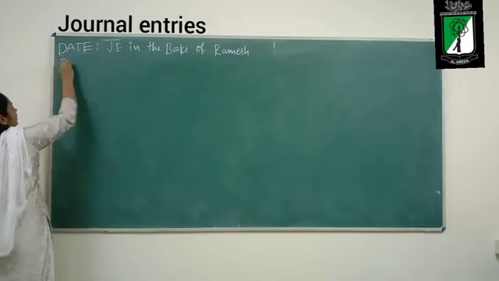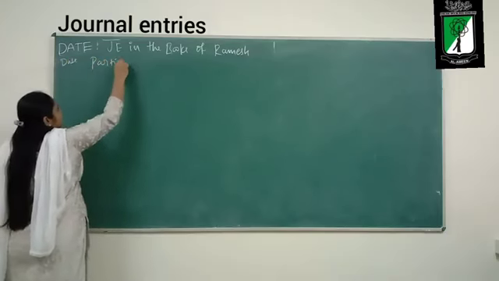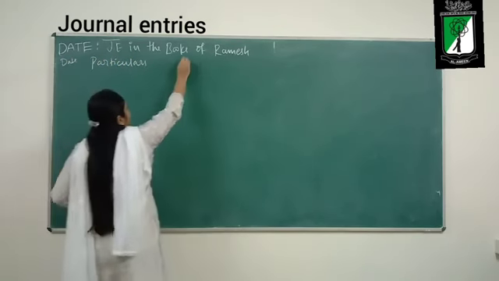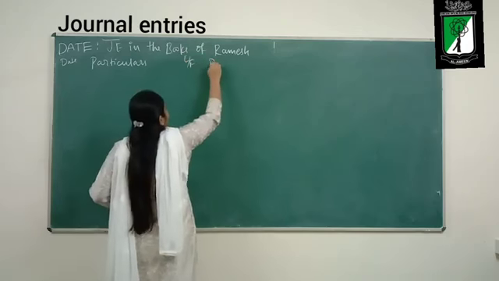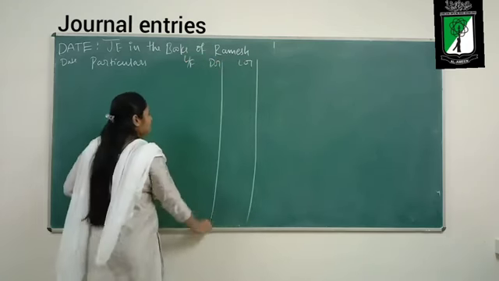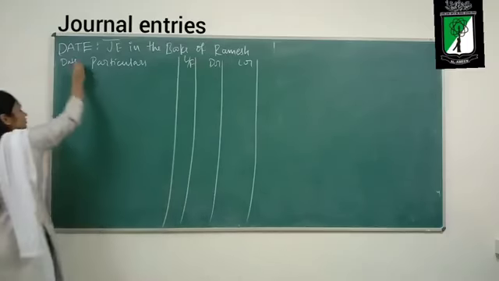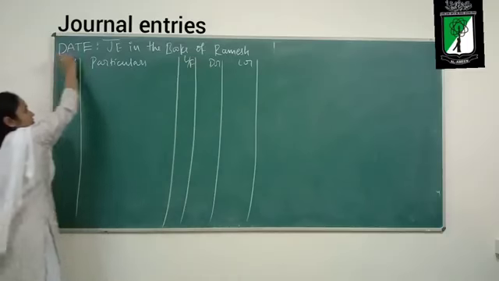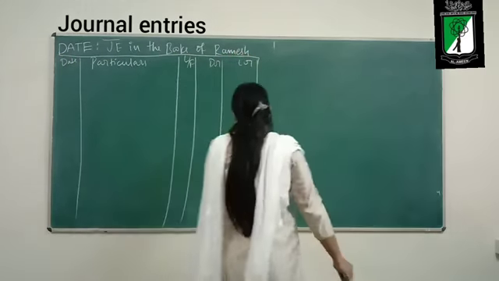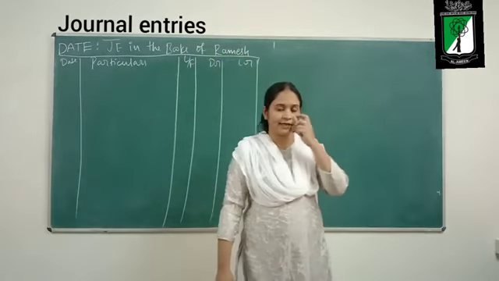Write the format: date, particulars, LF, debit and credit. This is the format. Now let us start with the first transaction.